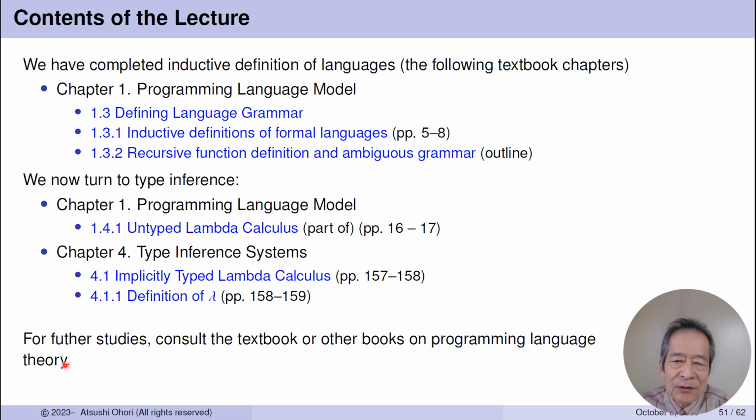Everything is written out in the slides, so you don't need to worry about consulting other material or a written lecture note. So this is about the contents of the lecture.